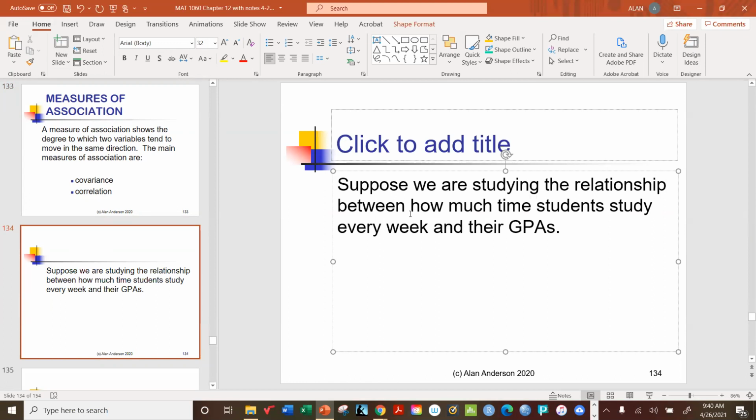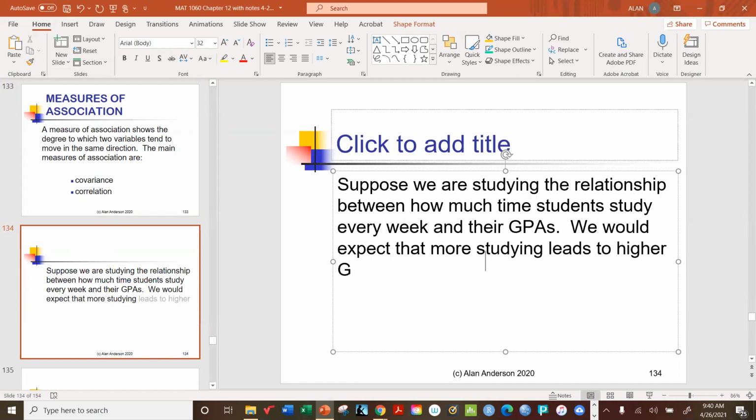Well, in a case like this, we would expect that more studying leads to higher GPAs.